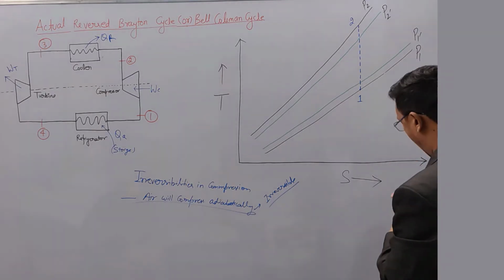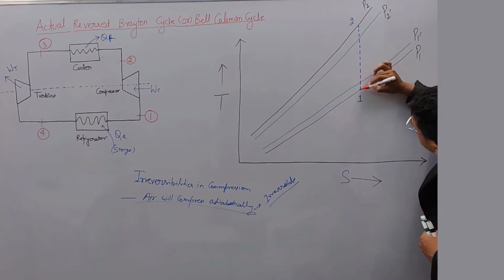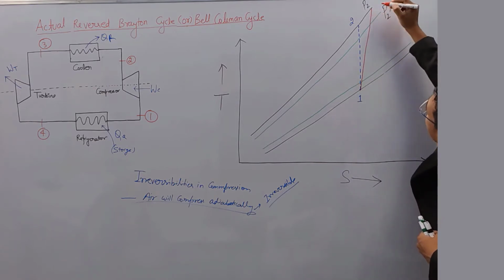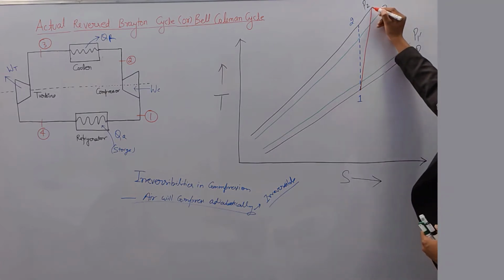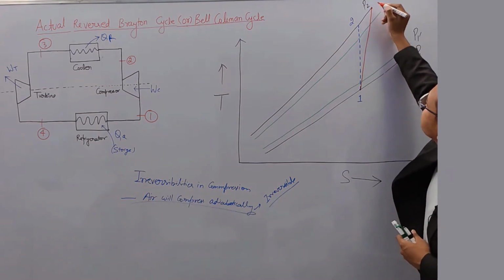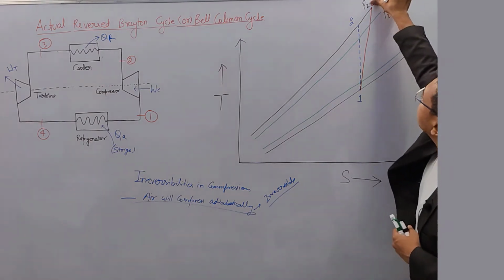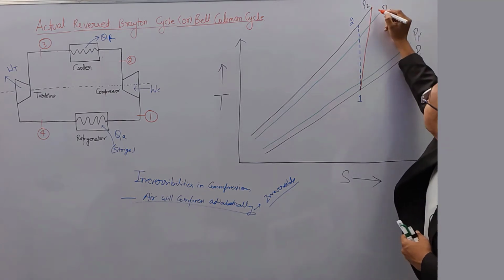So how will the actual process go? The process will go like this. See here. So I will say this is point number 2 dash.